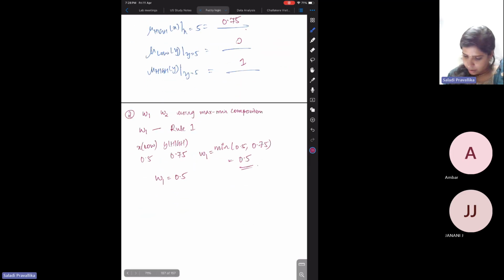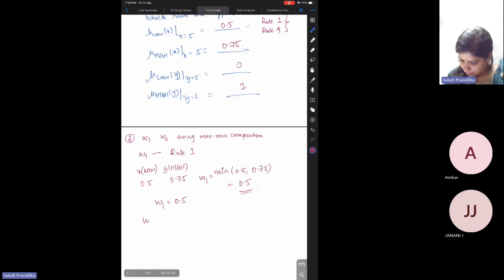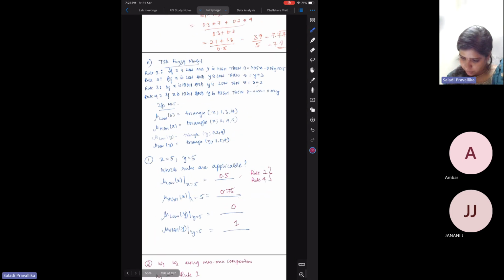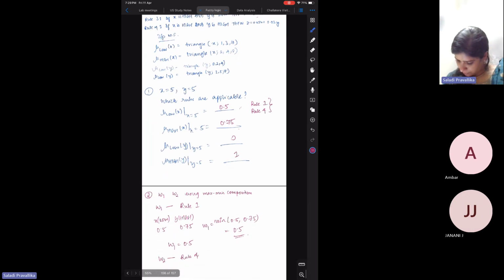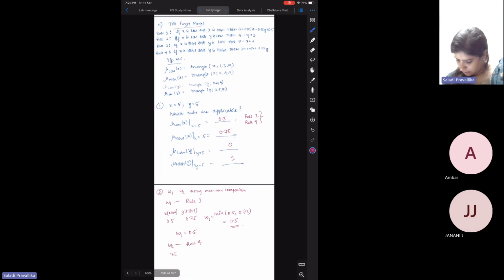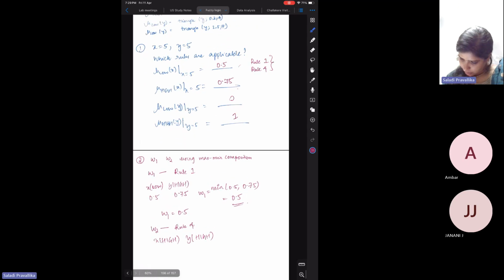Now, for W2, let's assume it's from rule 4. Rule 4, what is rule 4? It's X is high and Y is high.